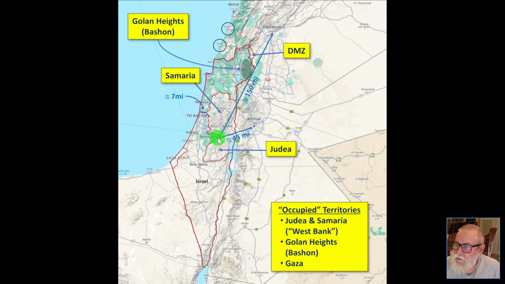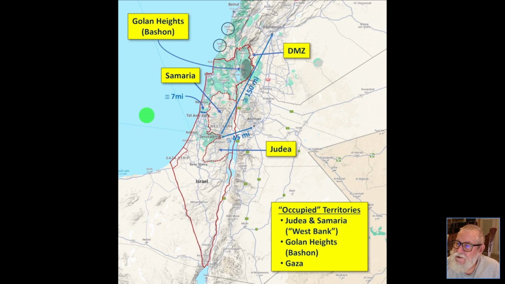Oh, and by the way, Jerusalem, the city of Jerusalem, which is right here, was divided. West Jerusalem, in what the Jews called the War of Independence that took place between 1947 and 1949. In the armistice, Jordan was given control of East Jerusalem, and the Jews took control of West Jerusalem, and the city was partitioned.